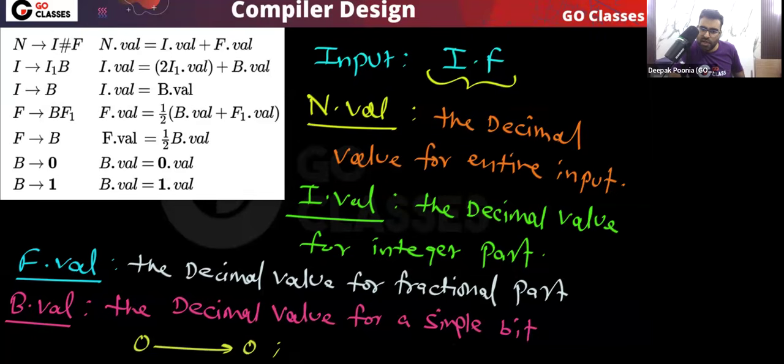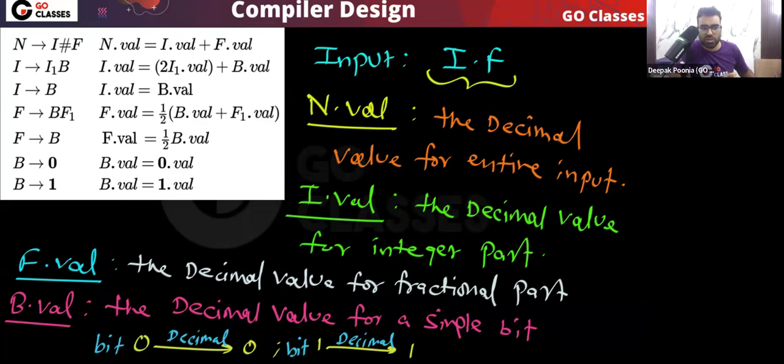That will be 0. And for 1, what is the decimal value? That will be 1. Is this clear? So for bit 0 the decimal is 0, and for bit 1 the decimal is 1.